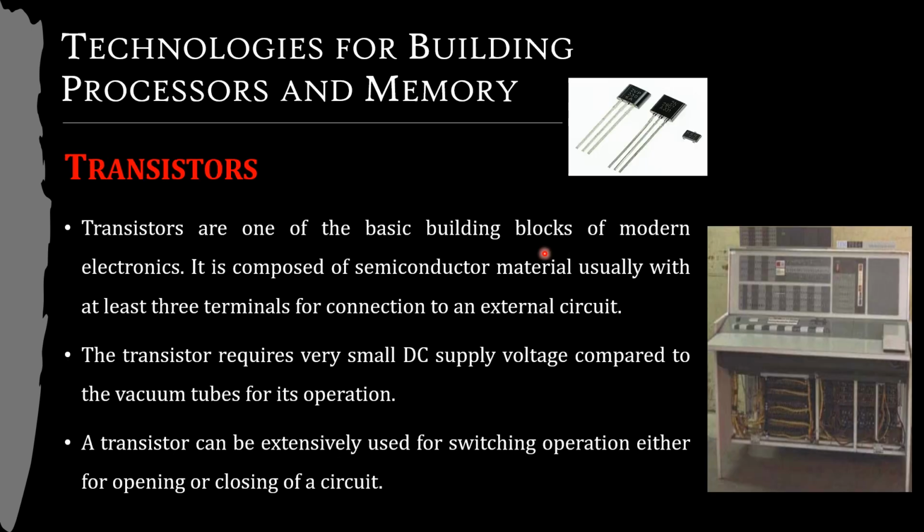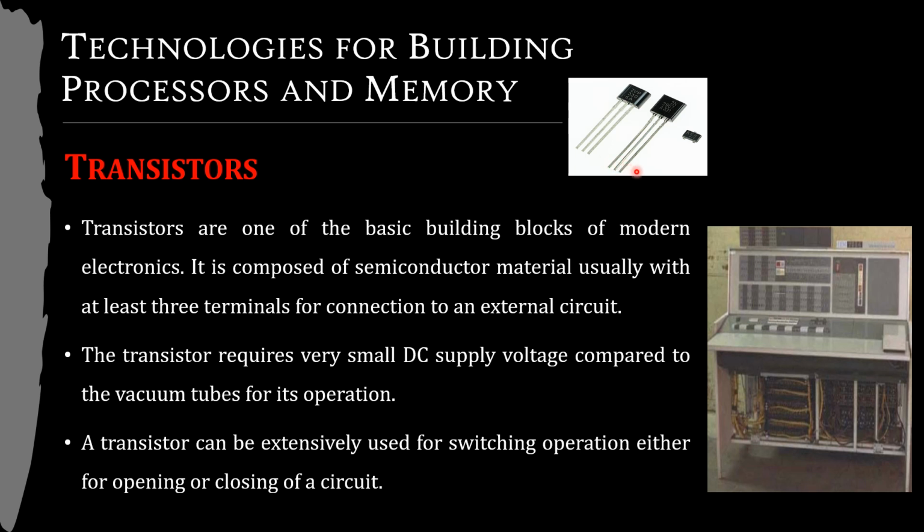Here come the transistors. These transistors are used in the second generation computers. They are one of the basic building blocks of modern electronics and are composed of semiconductor material, usually with at least 3 terminals for connection to an external circuit.